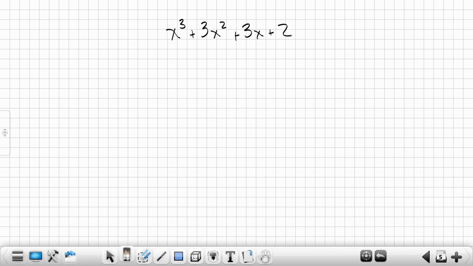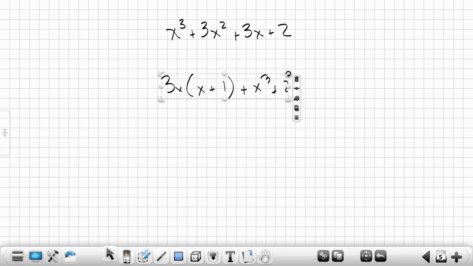But if I grouped these two, I'd still have these left over, and I'm not going to be able to get an x plus 1 out of them. So there is a typo. More than likely I've got to change something really fast.